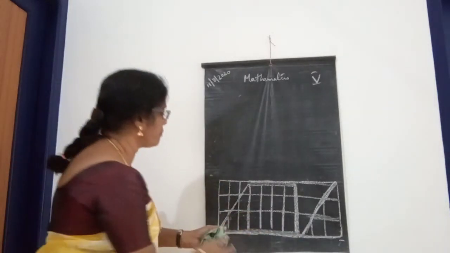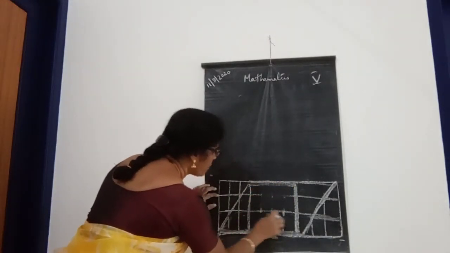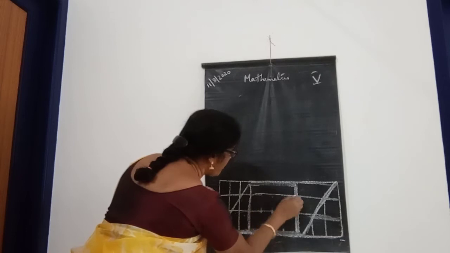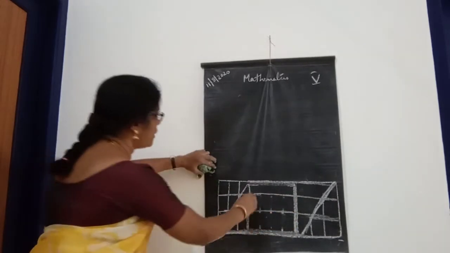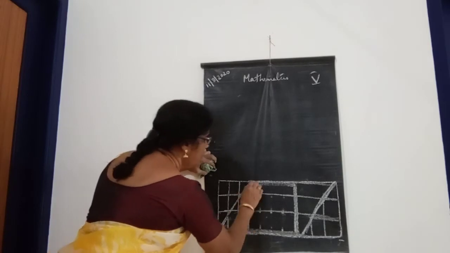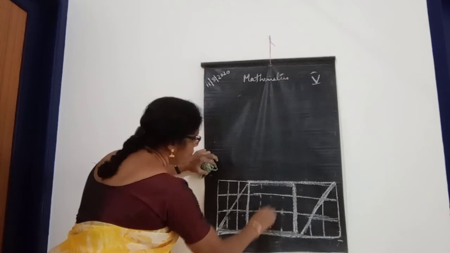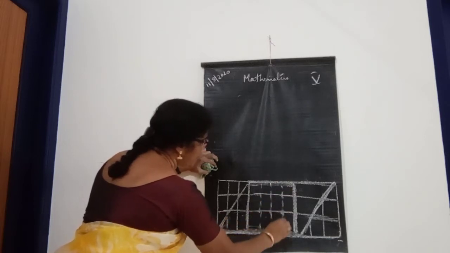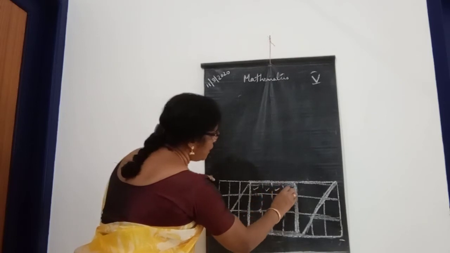Look here. Yes, find the area of this. Find this area. How many, children? 1, 2, 3, 1, 2, 3, 4.